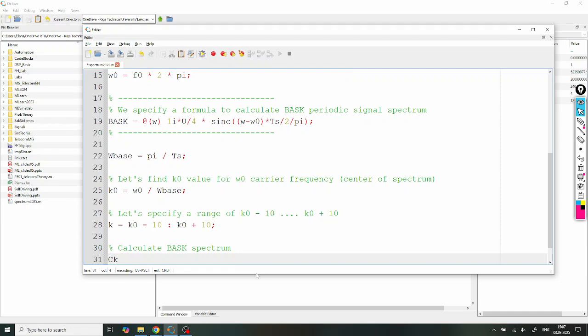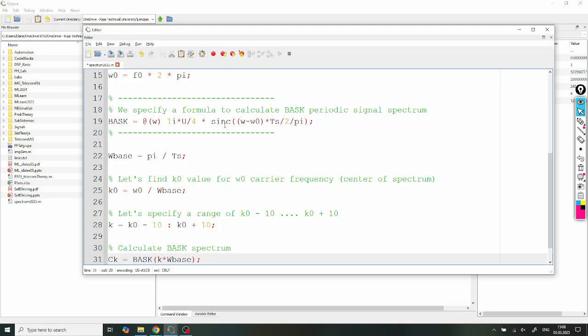So that would be Ck equal to BASK of omega k, omega base. Well, actually, now kind of think of it, when we will need to change omega 0 to omega 1, we have no way of doing so.